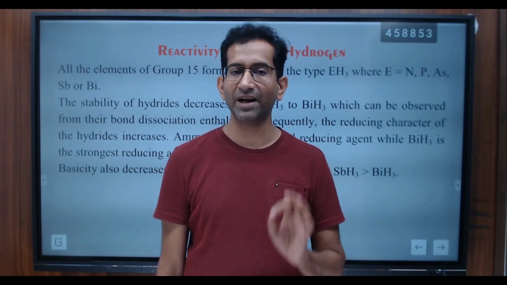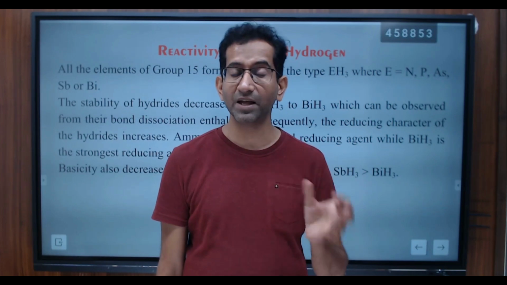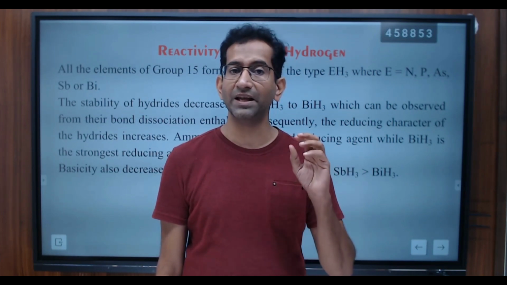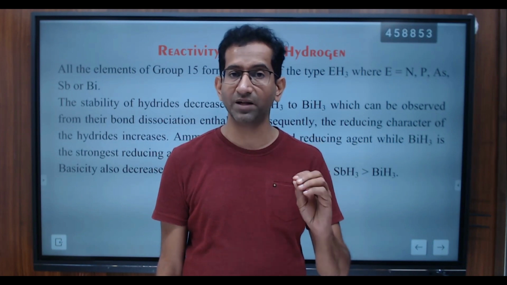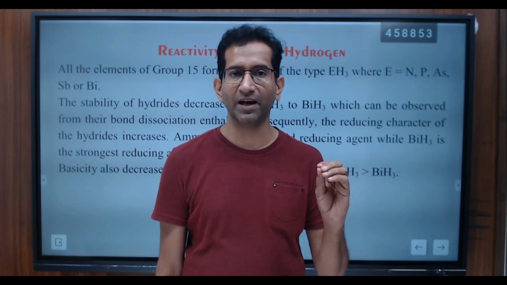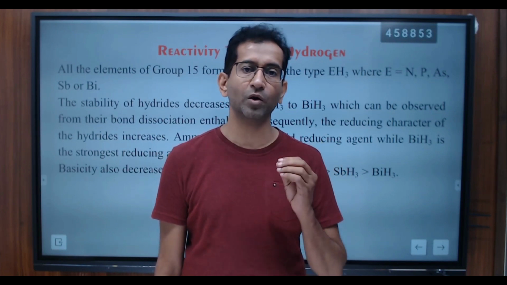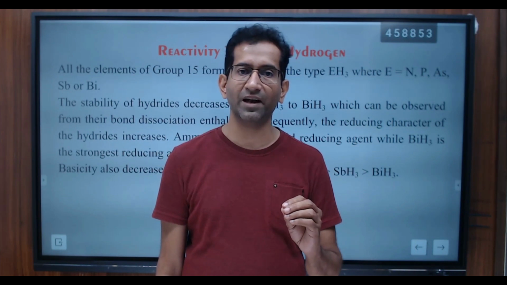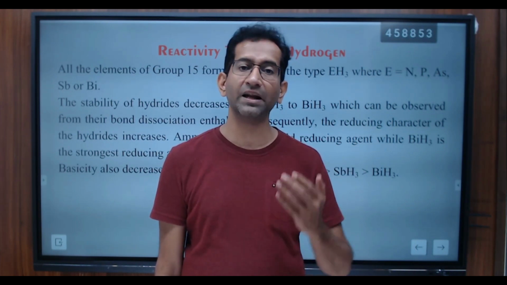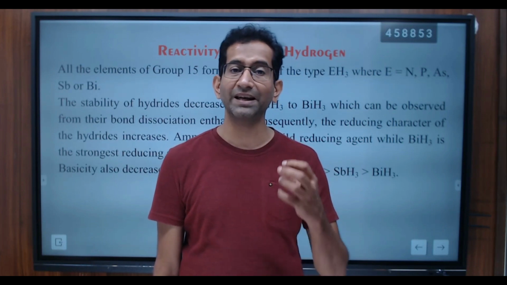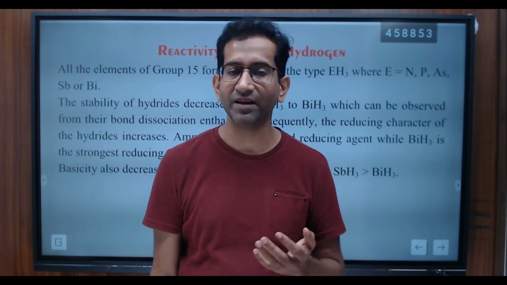And due to that reason, if you compare the basic strength of NH3 and PH3, NH3 has its lone pair present in an orbital which has just 25% s character, while PH3 has a lone pair present in the s orbital which has 100% s character. Higher the s character, more the electronegativity, less the tendency to share that electron pair.